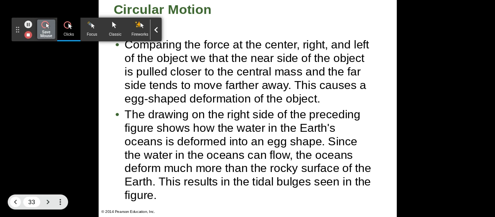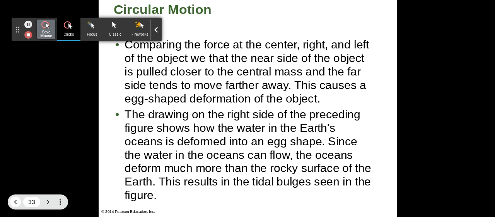So the drawing on the right shows how the water on the Earth's ocean gets deformed into that egg shape. And again, it gets deformed because the side that's closest to the sun is going to feel more of a gravitational pull than the side that's further away. And so it's going to deform into that egg shape. And since water in the oceans can flow, when the ocean deforms, it's going to have more of a deformity than just a rocky surface on the Earth.